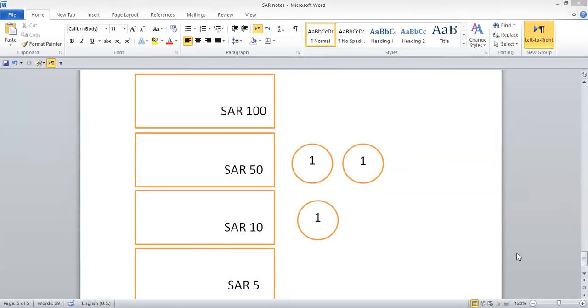Okay, guys. Let me count for you. You know how we have to count the money? For counting the money, we do addition. So 100 plus 50 plus 10 plus 5 plus 1 plus 1 plus 1. Look here. I will count for you. I'm going to share a new screen with you.